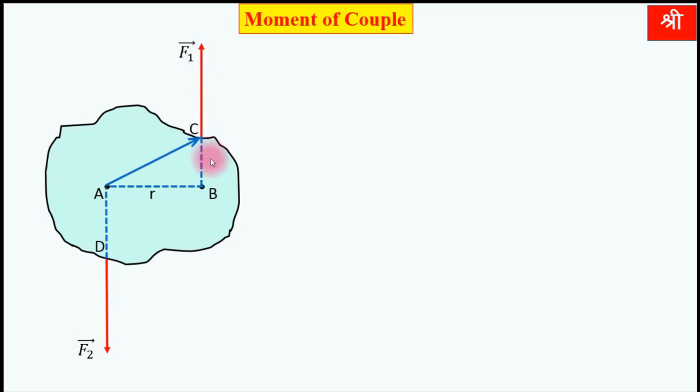Let us suppose that vector is vector R12. So R12 is a vector quantity. It gives the position of the second point with respect to the first point. If A is the first point, C is the second point, so R12 is the position vector of C with respect to A. It is a vector, therefore we have drawn an arrow over the head of this letter R12.